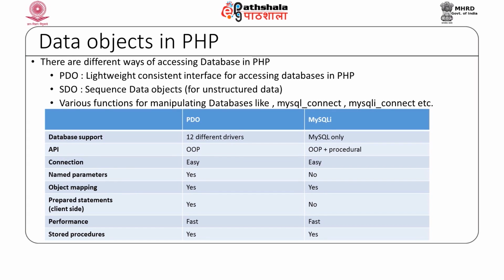As I said already, PDO, SDO and various functions like mysql_connect, mysqli_connect, etc. SDO is usually dedicated for unstructured data, XML type of data sources, etc. In the comparative analysis of PDO and MySQLi, you could observe that PDO supports only object oriented programming, but MySQLi also supports procedural capabilities, and that is why I usually use MySQLi, but both are equivalent.